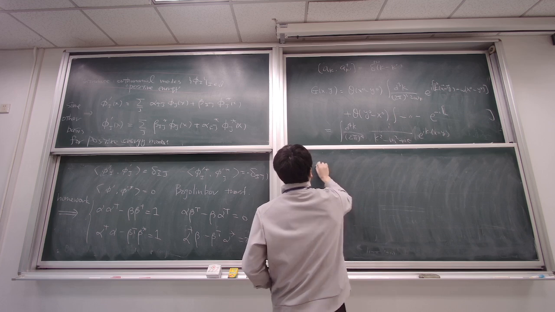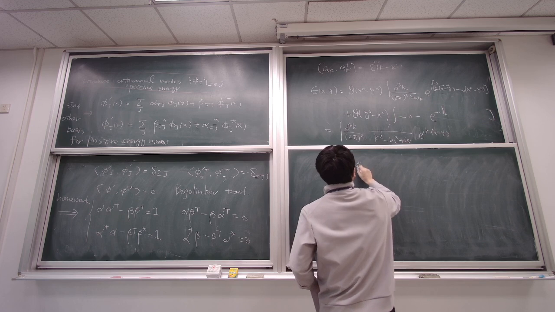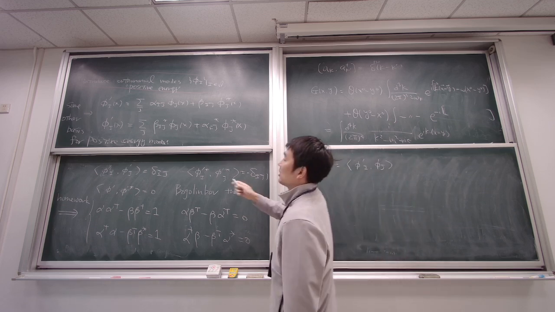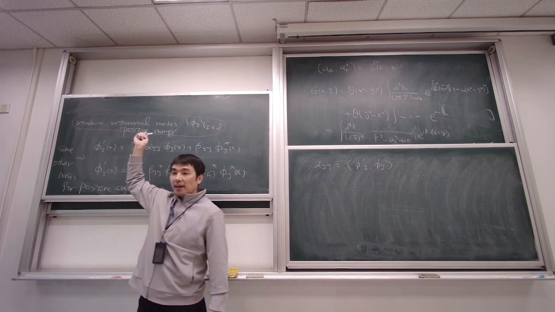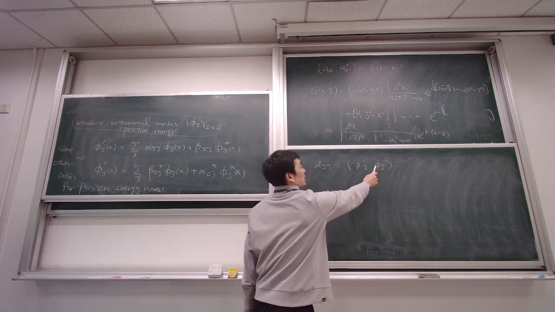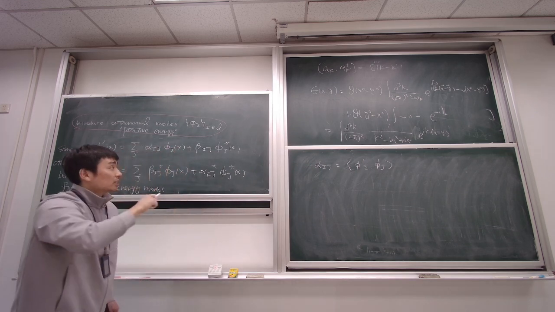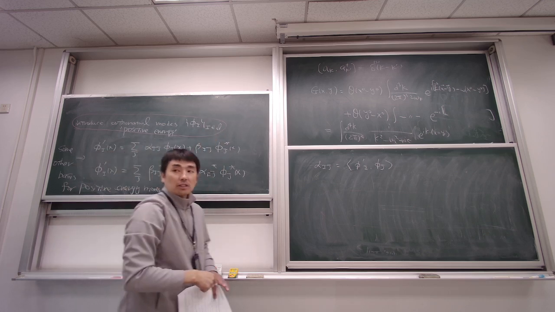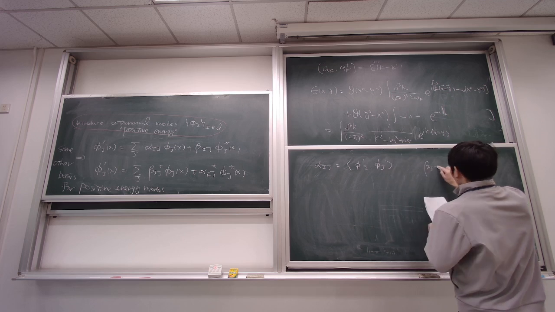So the inner product of phi prime i with phi j can be explained like this. Since we expand phi prime in terms of phi and phi star, if you take the inner product, it only sees this one, and the inner product does not see the other, so that alpha is gone, so this is okay, and so on. It's just a simple exercise.